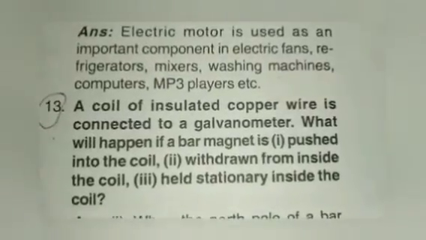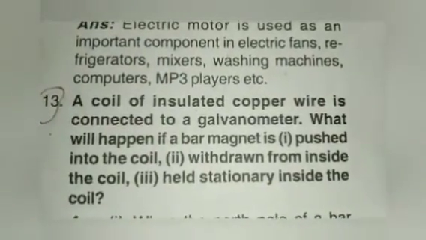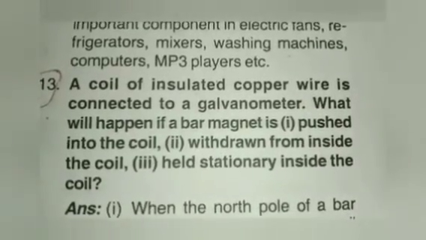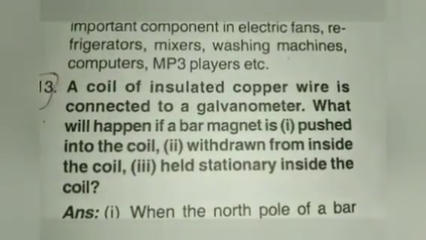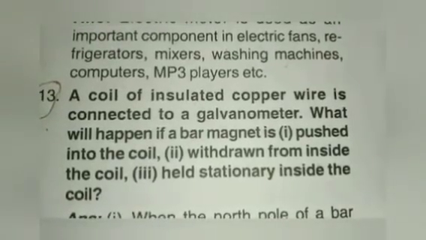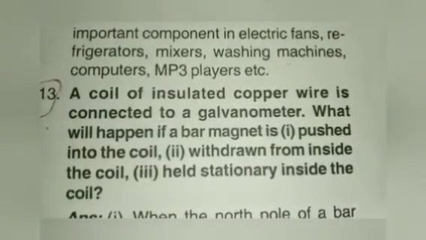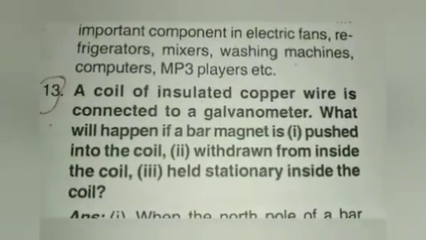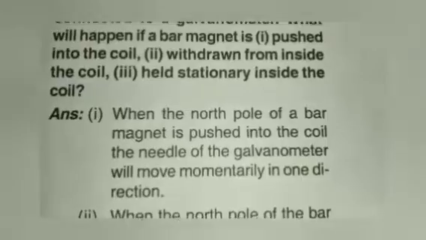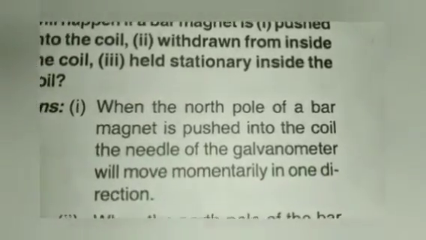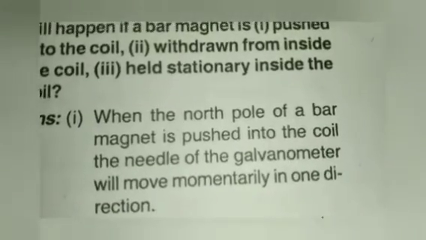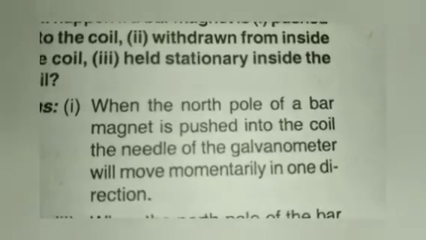Next question. A coil of insulated copper wire is connected to a galvanometer. What will happen if a bar magnet is, number 1, pushed into the coil, number 2, withdrawn from inside the coil, number 3, held stationary inside the coil? Answer. When the north pole of a bar magnet is pushed into the coil, the needle of the galvanometer will move momentarily in one direction.